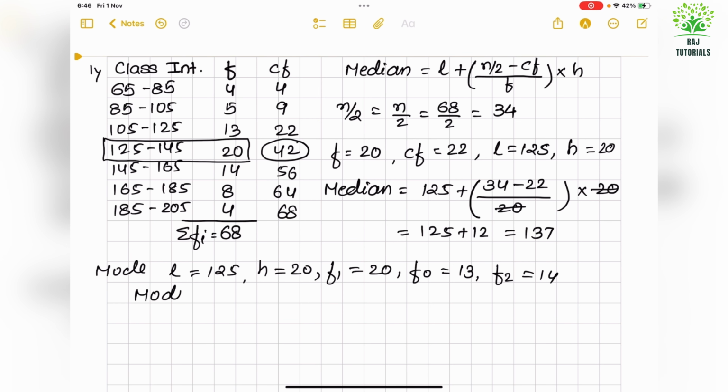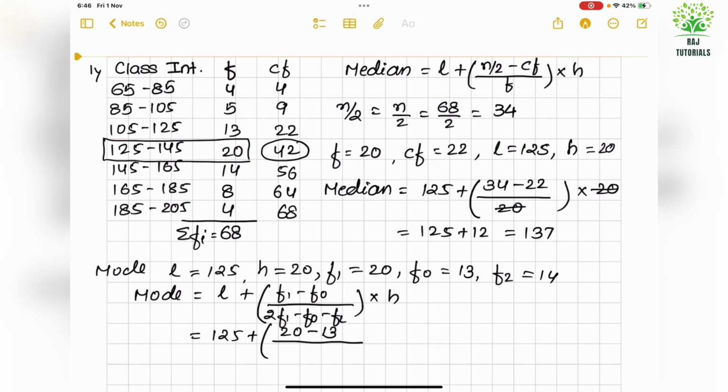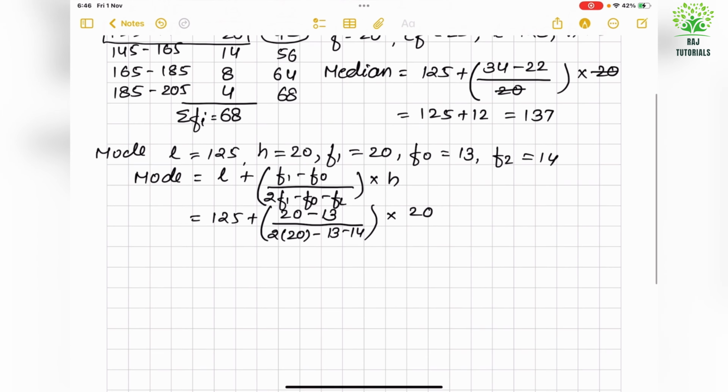So mode is L plus (F1 minus F0) upon (2F1 minus F0 minus F2) into H. So that will be 125 plus (20 minus 13) upon (2 into 20 minus 13 minus 14) into 20.